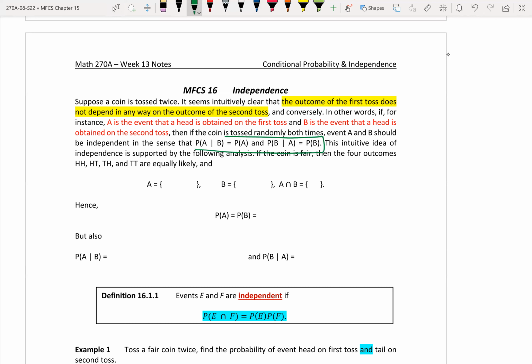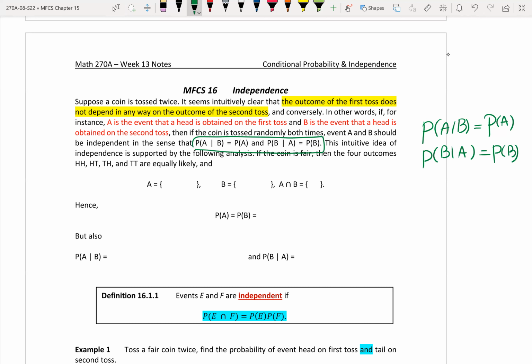If the probability of A given B, when they are independent, is going to be the probability of only A. If the probability of B given A, when they are independent, is going to be the probability of B. We'll practice more on that in the lecture notes again. So now I have to get the probability of each of A and B and test whether they satisfy those equations or not.